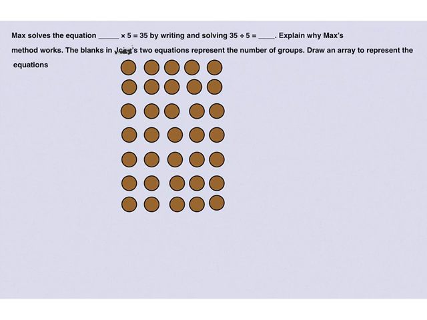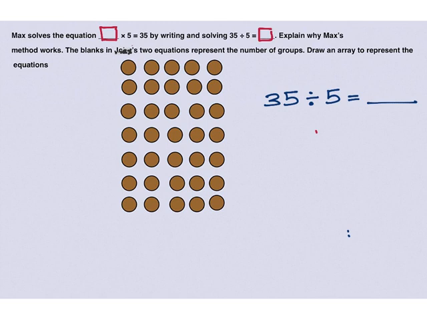This problem is an example of inverse of division. If you see here, 35 dividend divided by the divisor 5 equals quotient. So this quotient in the division equation is a factor in the multiplication equation. Okay, let us divide. 35 divided by 5 equals what?